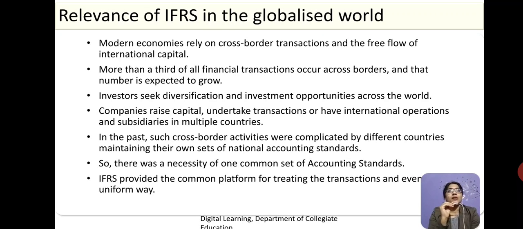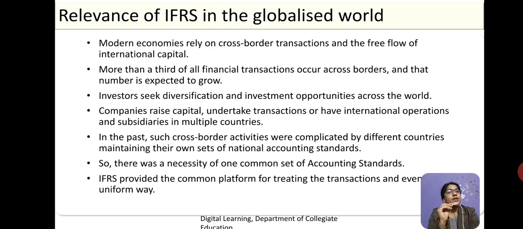Because the way depreciation is calculated in India, the percentage applied or the method followed may be different from the way it is done in US. So, when we are operating in a globalized world, there has to be one common set of rules which facilitates the comparison. So, IFRS is the most relevant thing needed for preparing the books of accounts today.